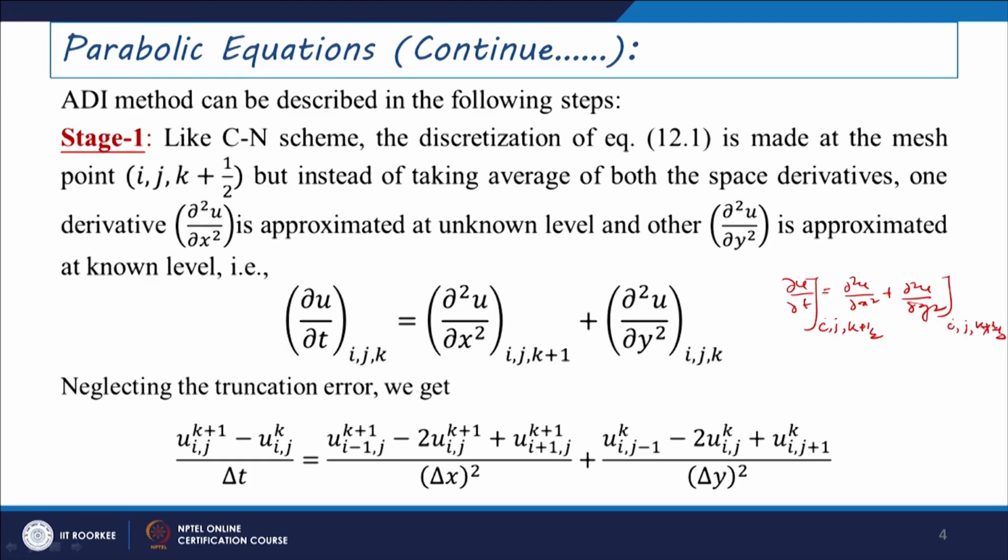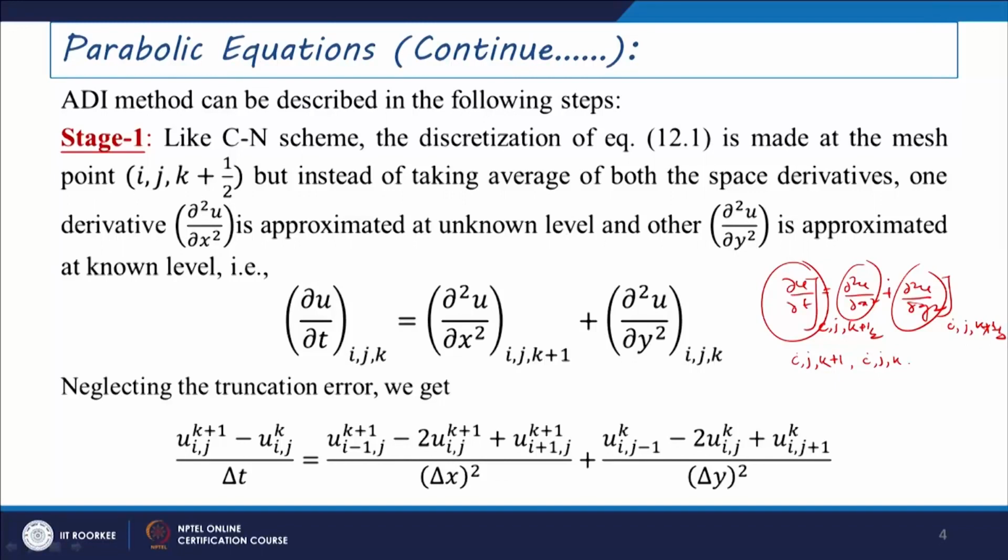If we use the Crank-Nicolson scheme, we consider this term in central difference form, which takes the coordinates i, j, k, and next k plus 1, and next again i, j, k.